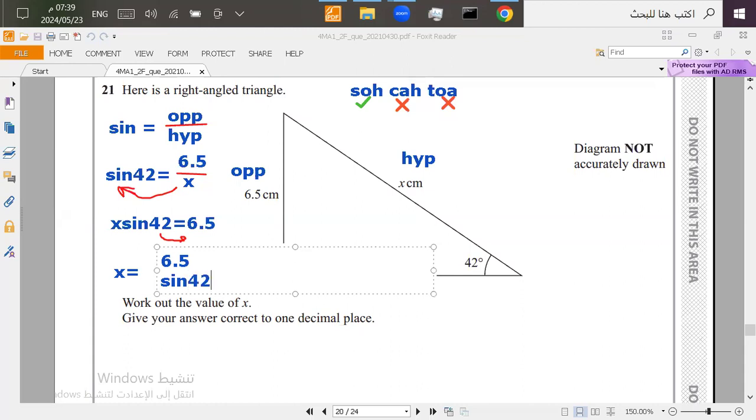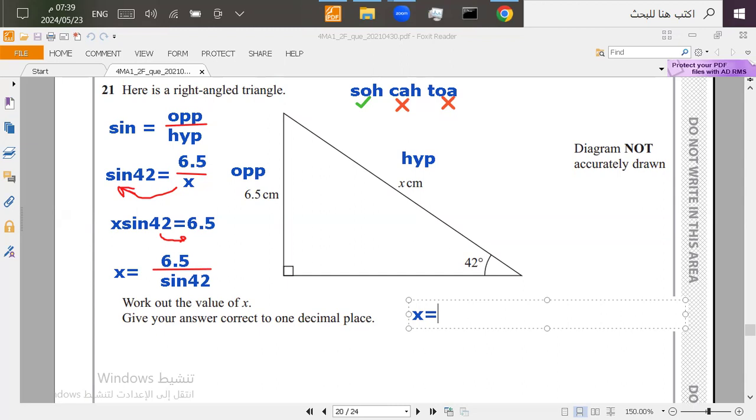Now I'm going to use the calculator to find this value: 6.5 divided by sine 42.